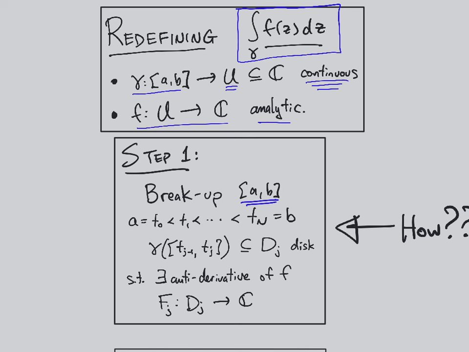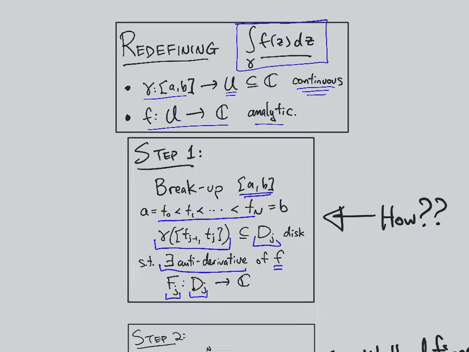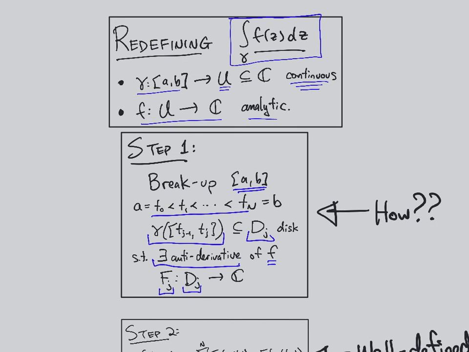We'll break up the interval AB into tiny pieces so that gamma on these small intervals sits inside a disk where there exists an antiderivative of f, and I'll call it capital Fj defined on dj. So that's step one, and we'll talk about how you do that in a moment.